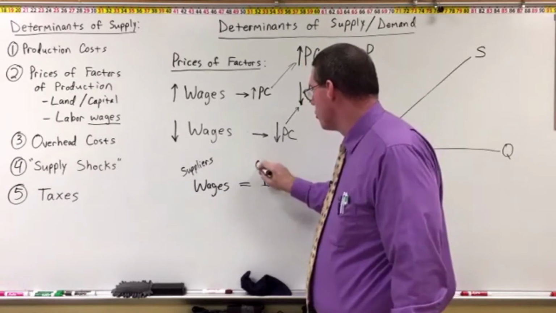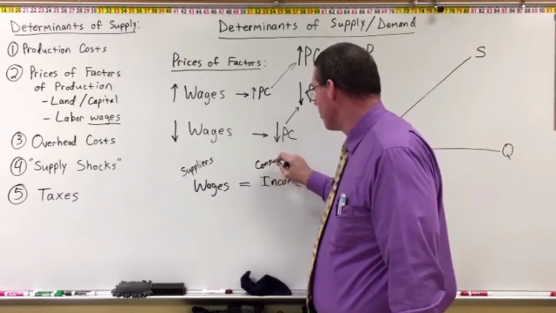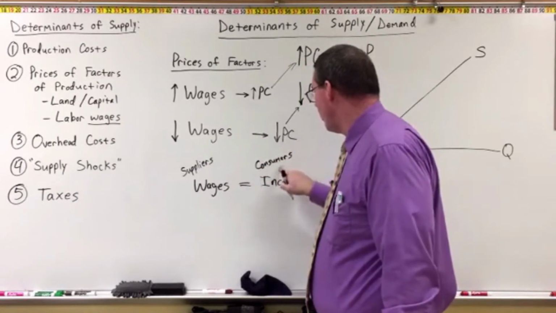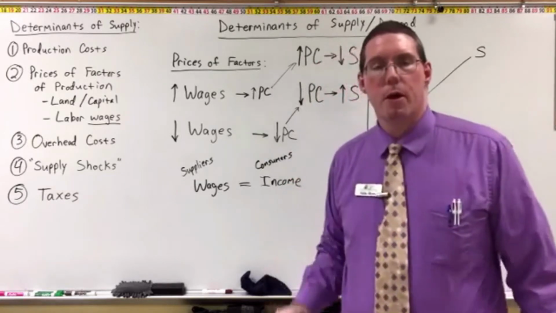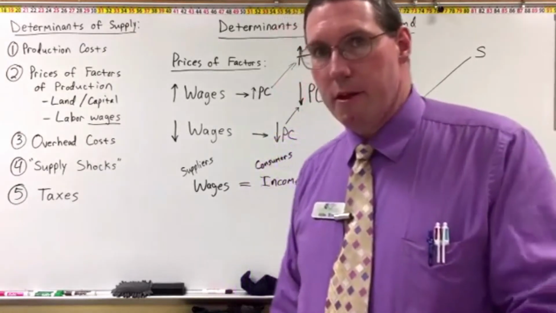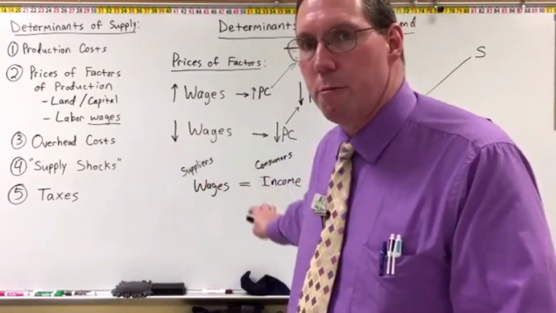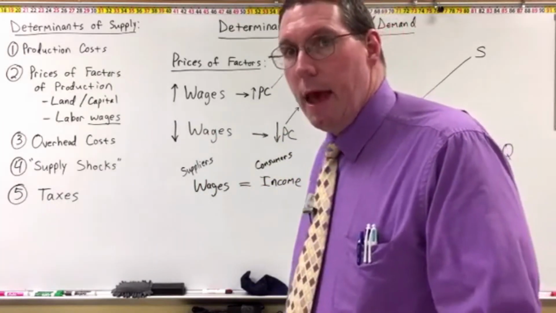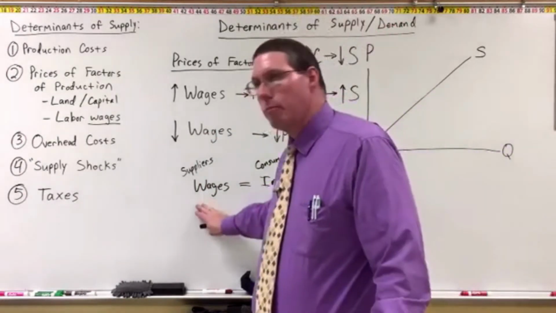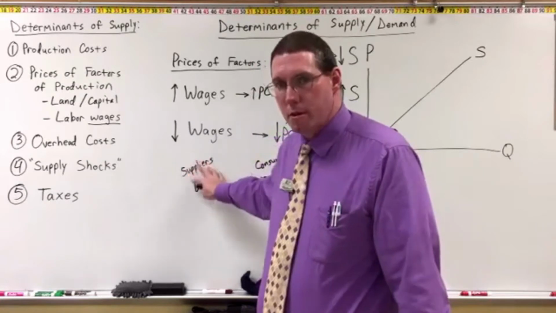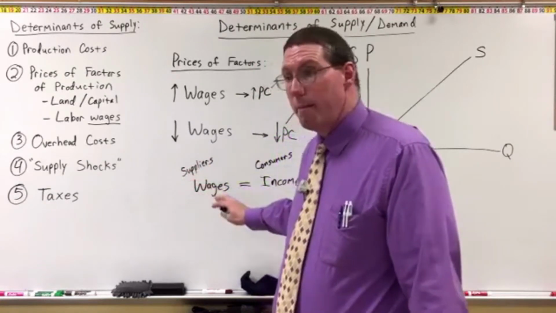Consumers or buyers, they call what they take home income. So when I say income in this class, I'm talking about consumer demand. And when I'm talking about wages, I'm talking about businesses supplying. Okay, so that's a big deal.